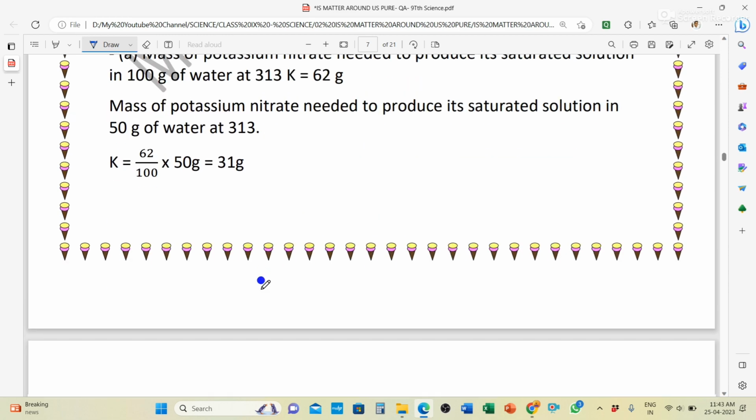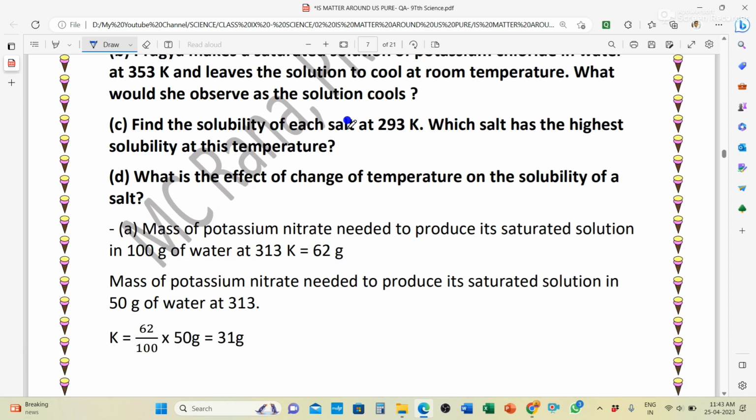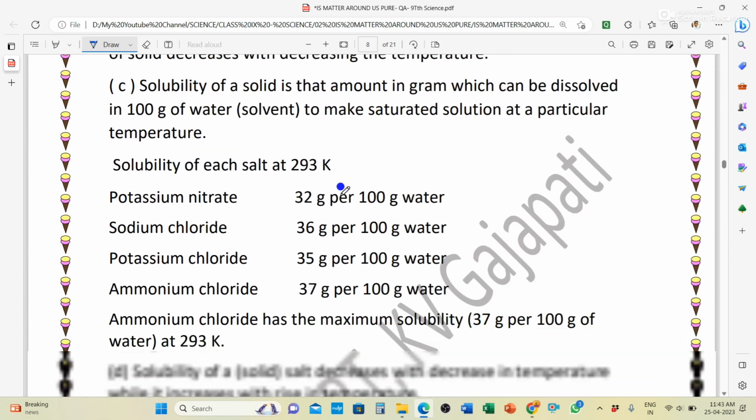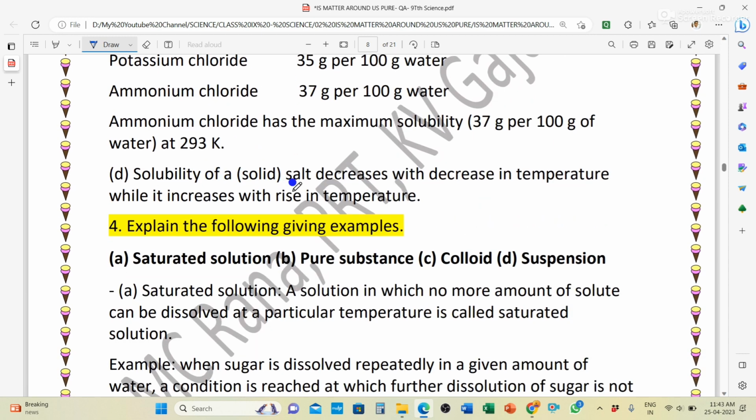Okay, next question D is, what is the effect of change of temperature on the solubility of a salt? So here the solubility of a solid salt decreases with a decrease in temperature while it increases with a rise in temperature.